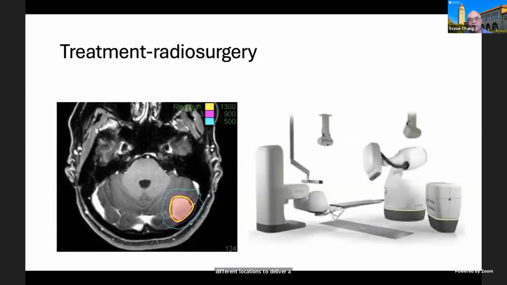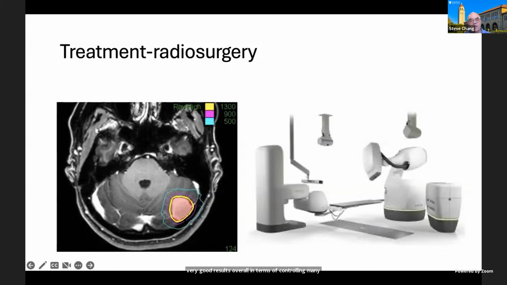And so a series of 100 to 120 beams come in from many different angles, all to focus the radiation on the tumor. And the CyberKnife is able to deliver radiation with less than a millimeter of targeting error, so about 1/50th of an inch. So it's highly accurate, very good results overall in terms of controlling meningiomas.